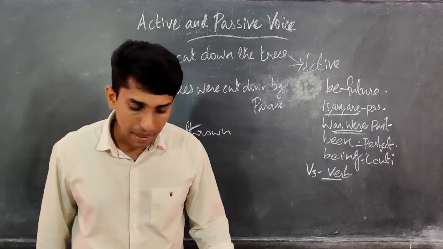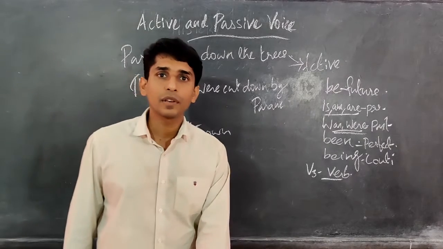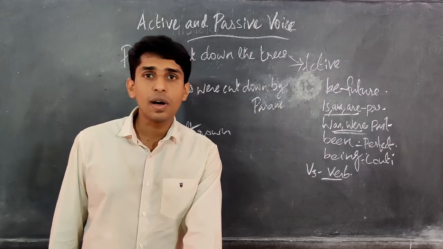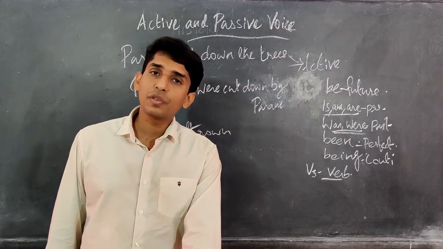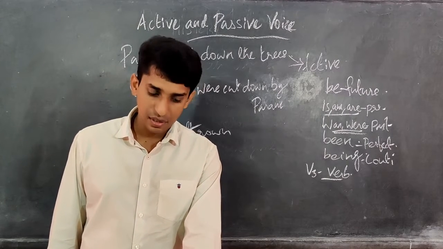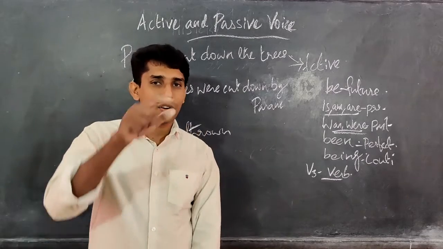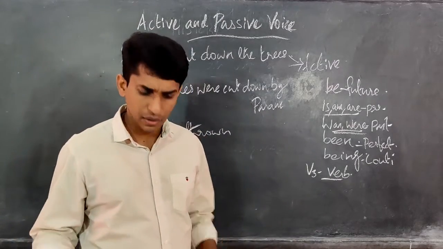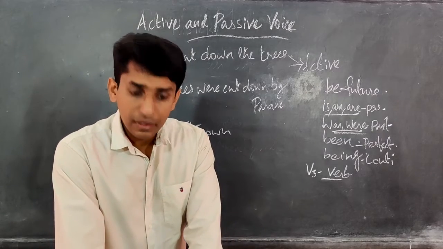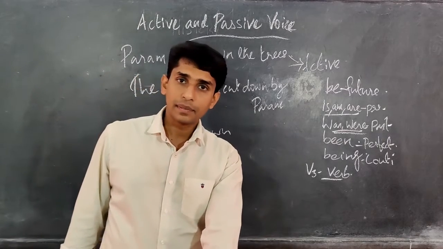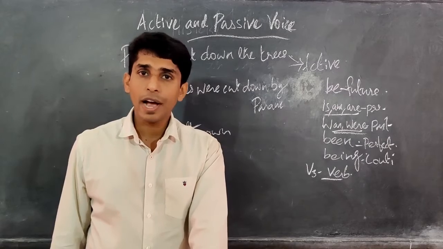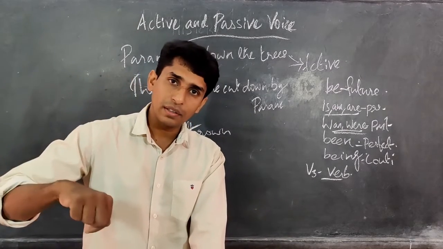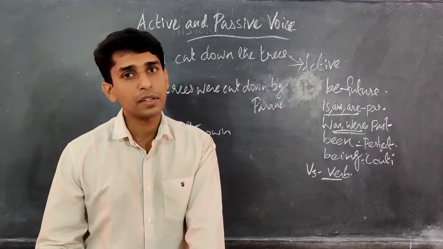Passive sentence. Mother gave the cat some milk. What is the subject? Who is giving? Mother, subject. Gave is the verb. The cat is one object. Some milk is another object. A direct object and an indirect object are there. We can start with any object. So how will you write? The cat was given some milk by mother. Either you can write like that, or: some milk was given to the cat by mother.